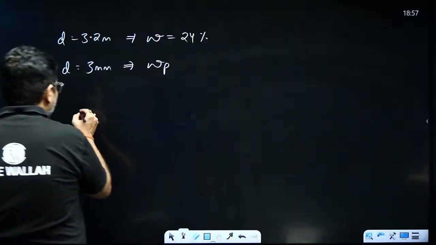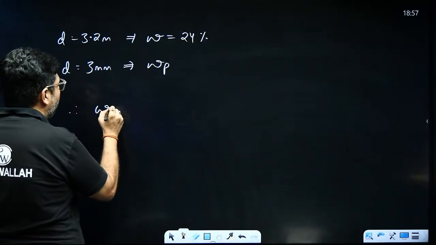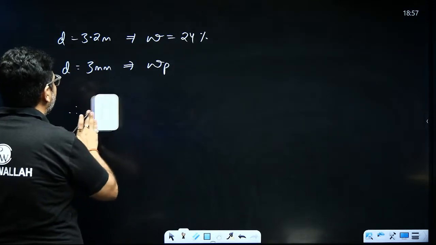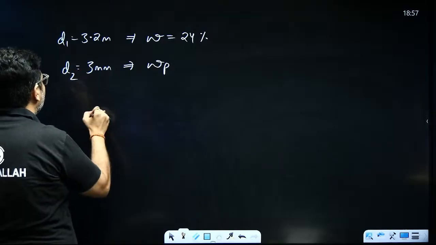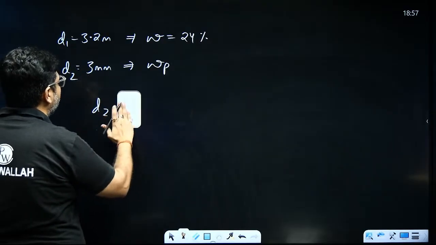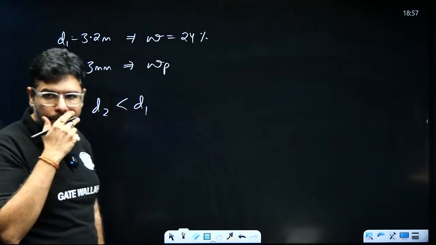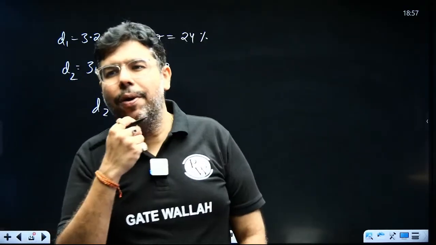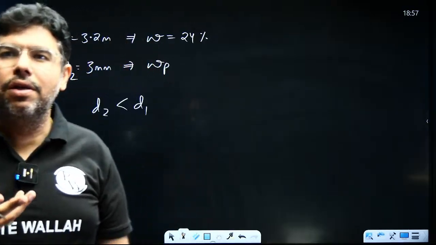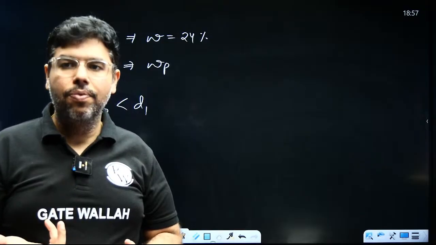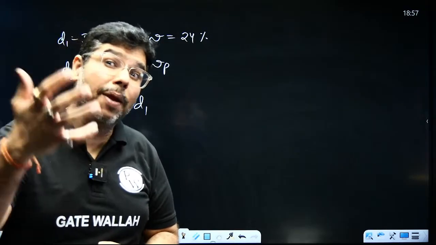Therefore WP, since D2 is less than D1, if you have to roll the thread into a dia of 3 mm, what you have actually done is you have dried the soil a lot, beyond plastic limit.